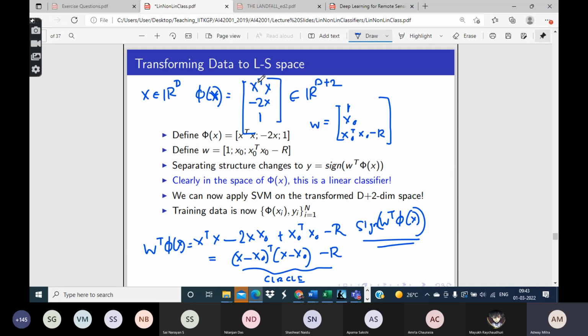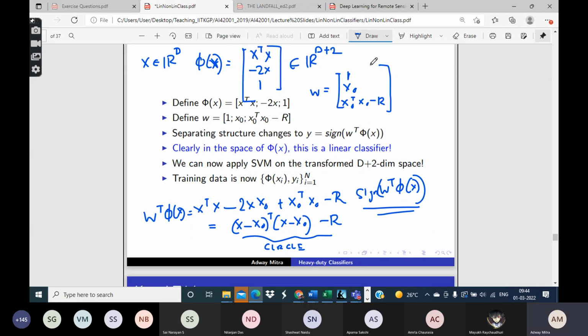So in that case, phi x will be x transpose x, minus 2x, and 1. So just two more dimensions. The x is anyway there, so d dimensions are taken care of. Additionally, two more dimensions: x transpose x is a scalar, 1 is a scalar. So yes, it will be R4 only if d is equal to 2.